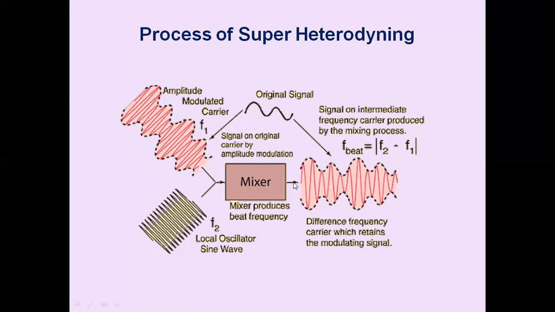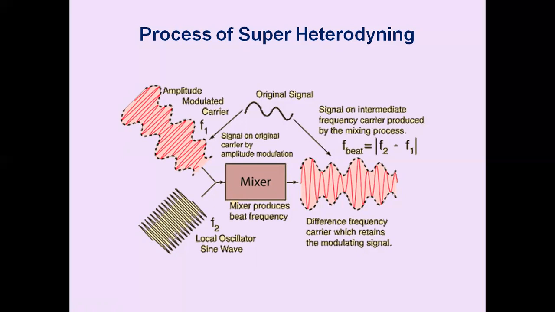The sum component is removed by the bandpass filter. The difference frequency is retained and forms the IF frequency in the receivers. The IF frequency of an AM receiver is 455 kilohertz and that of an FM receiver is 10.7 megahertz.